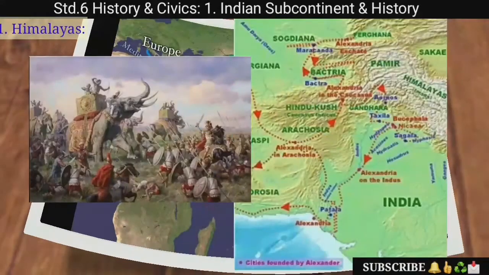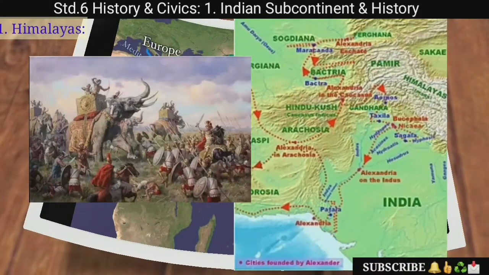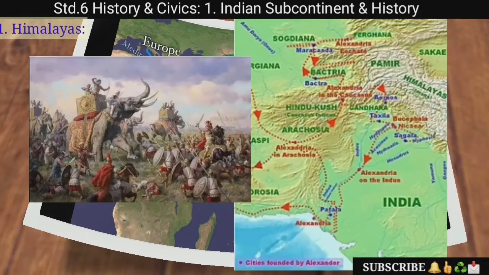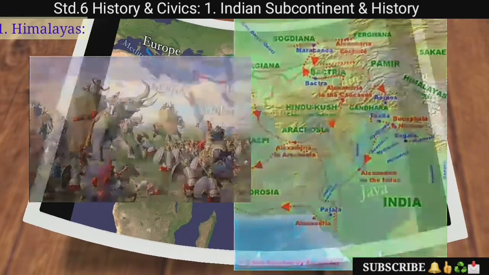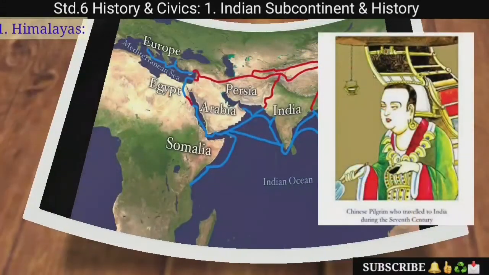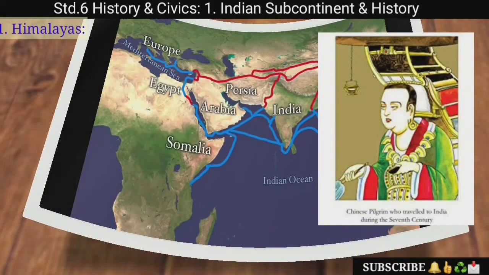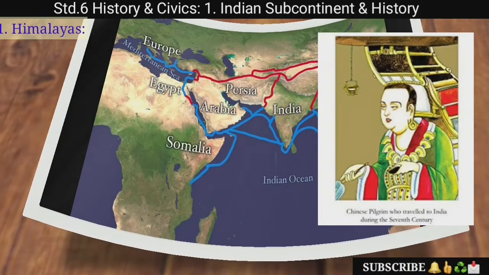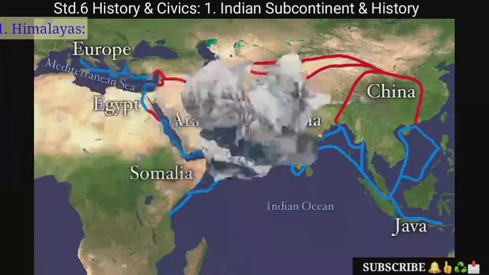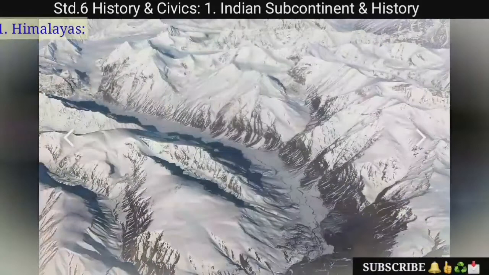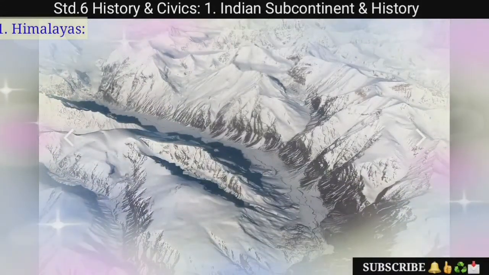The route through the passes was used by many foreign invaders to enter ancient India. Many foreign travelers also came to India by this route. Have you understood? Very good. So, this is about the Himalayas.